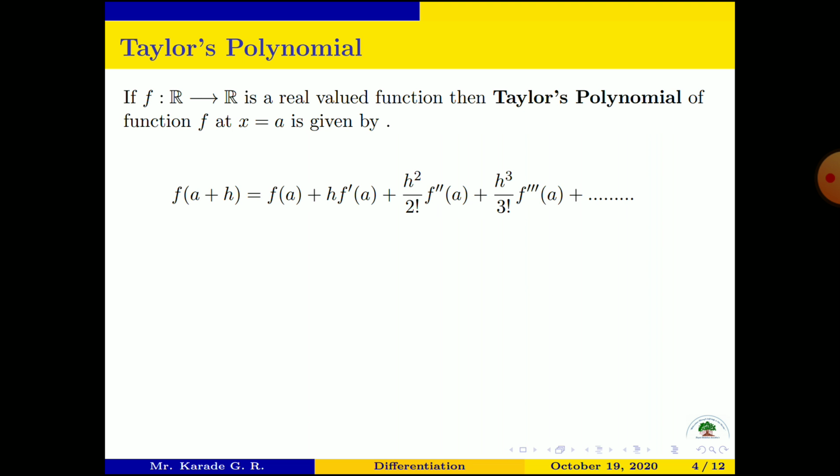So here f dash denotes the derivative of a function. f dash means first derivative of function f, f double dash means second derivative, and f triple dash is the third derivative of function f. So this is the Taylor series expansion of a function f of a plus h, or we can say the expansion of a function about a in powers of h.